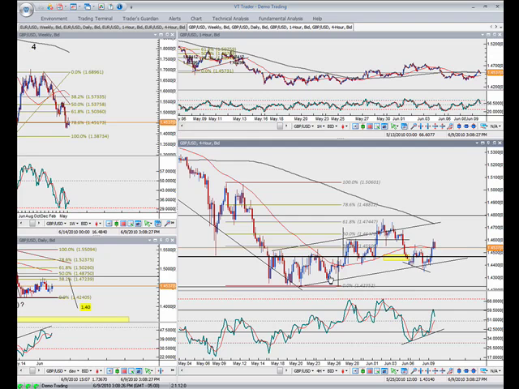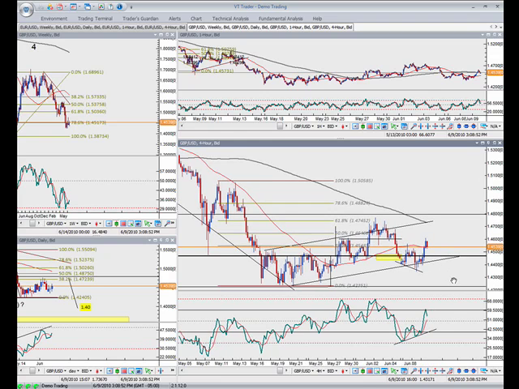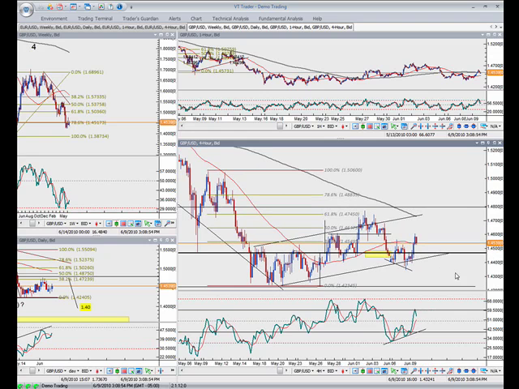So there were a couple of times where I felt like, for example here, the market may be complete with this correction to the 61.8%. So it comes down. It may be complete, but you need some confirmation, and one confirmation would be the break of this rising trend line, which the market has not been able to do.